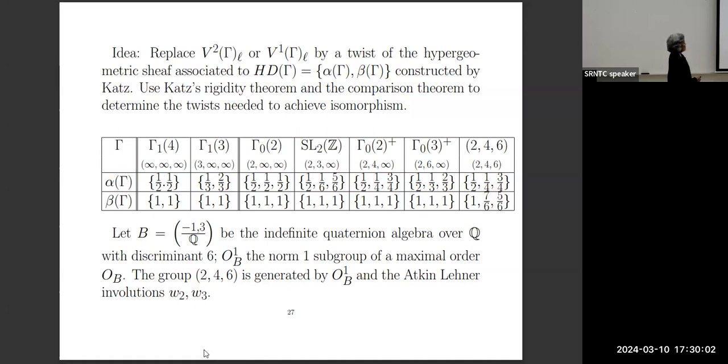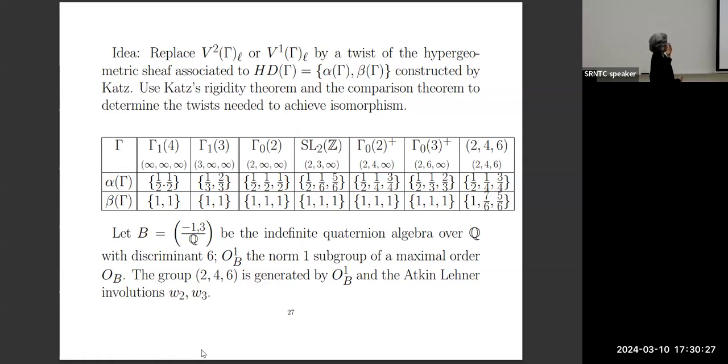Let me say a few words about this last group, because all the other 6 groups here are familiar elliptic modular groups. The last group lives on a Shimura curve. It comes from an indefinite quaternion algebra over Q of discriminant 6.